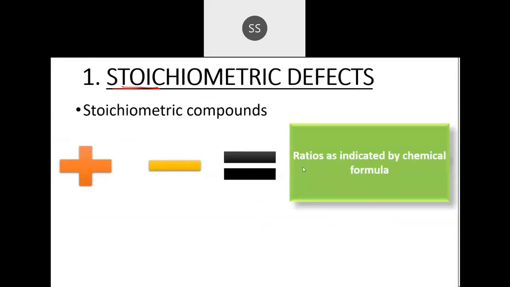Like the example I gave you: NaCl, sodium chloride. By the chemical formula, the cation and anion ratio is 1 cation and 1 anion, that is the actual ratio.